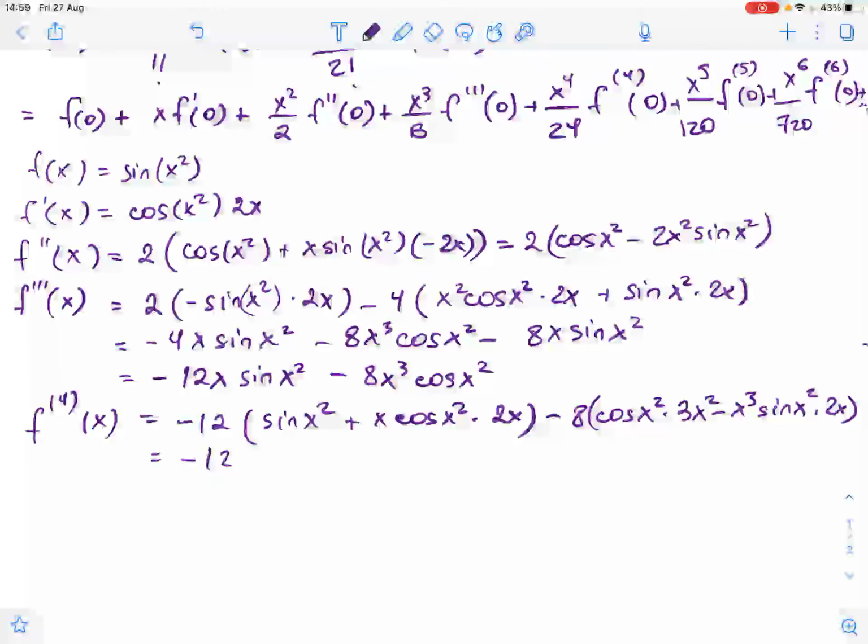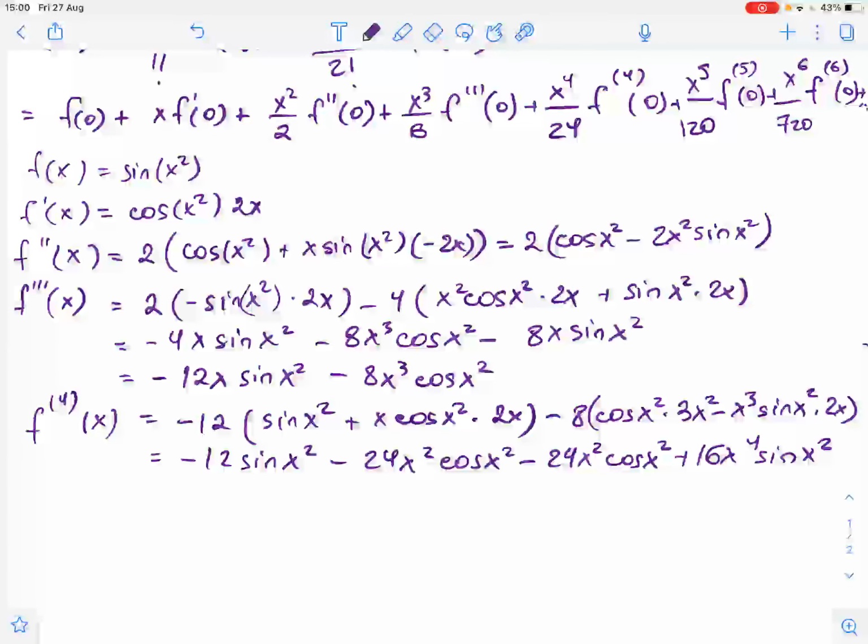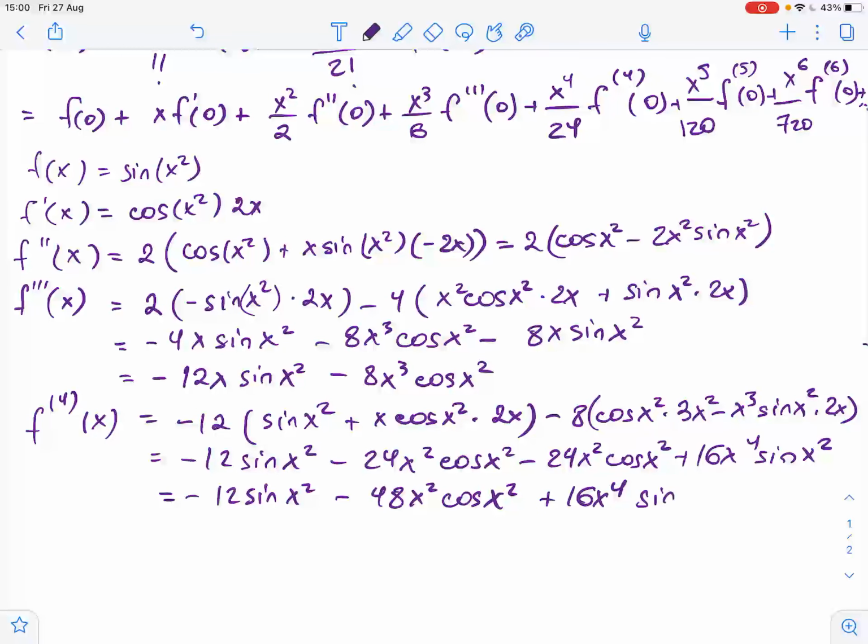This equals negative 12 sine of x squared minus 24x squared times cosine of x squared minus 24x squared times cosine of x squared plus 16x to the fourth power times sine of x squared. And this equals negative 12 sine of x squared minus 48x squared times cosine of x squared plus 16x to the fourth power times sine of x squared.